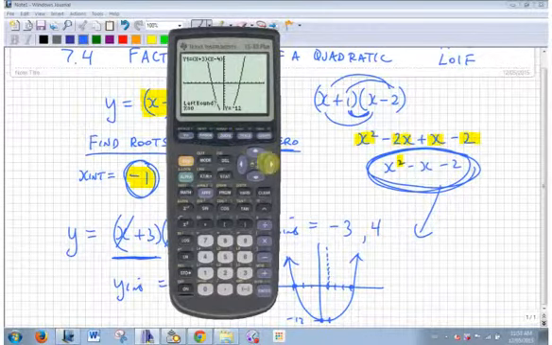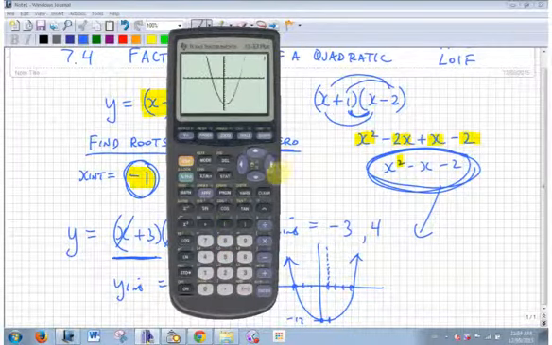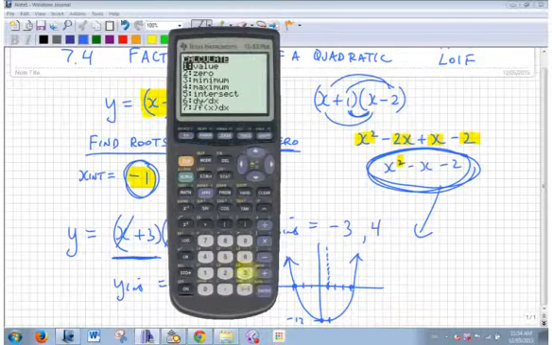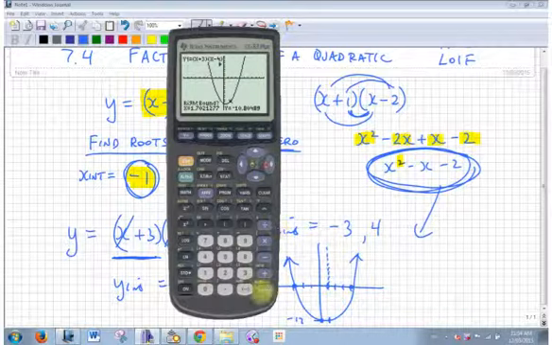I want to go left of the minimum, which I can't even see. I need to go to -15, otherwise the calculator will say it can't find it. Second function, calculate minimum. Go left of it. There it is. Go right of it. I think I saw the point already, but anyway, there it is.